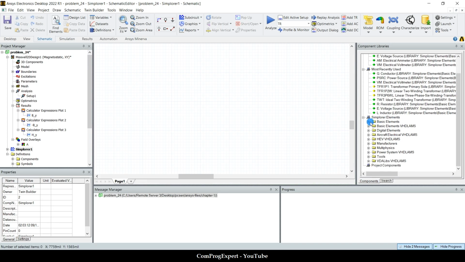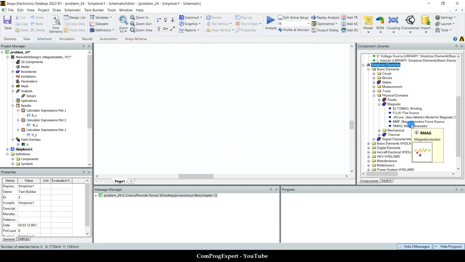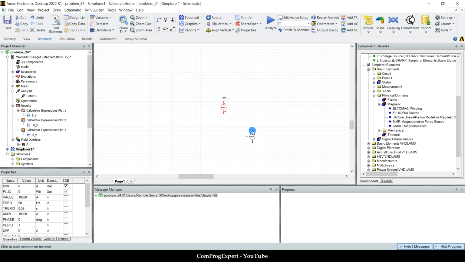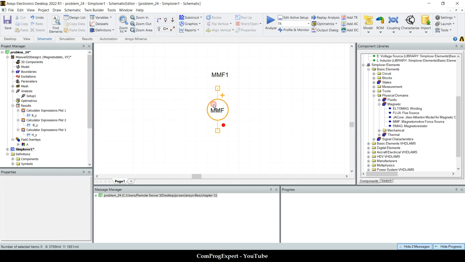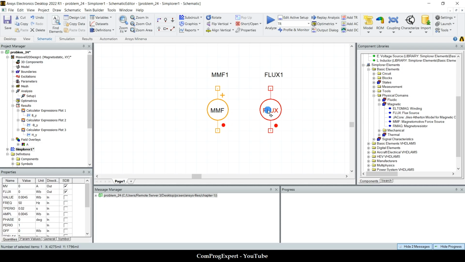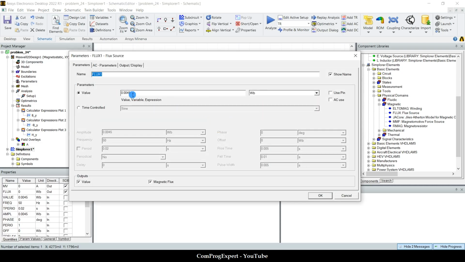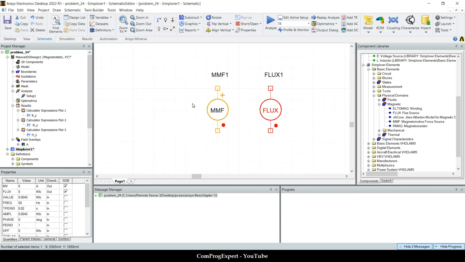As you saw in the simpler design, here, basic elements, domains, magnetic, we had this source. But also we have this flux source. Okay, so here you can see the unit is in Weber.